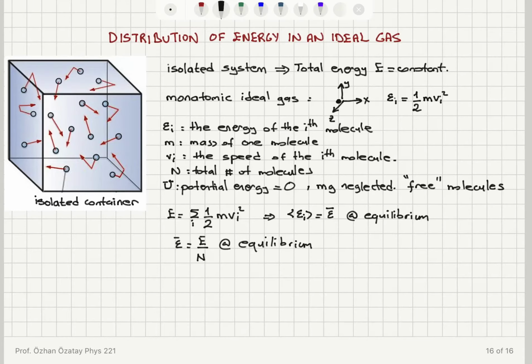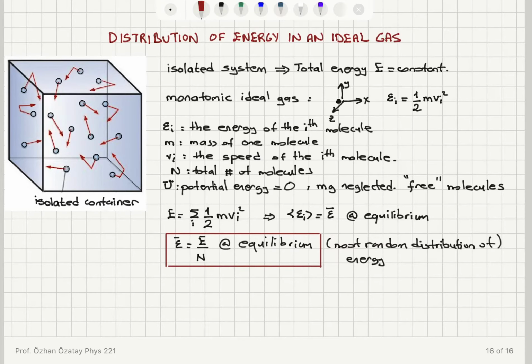Why? Most random distribution of energy. Remember from our previous arguments, we're looking for the most random case at equilibrium, and this is the case when you have the energy distributed equally between molecules at equilibrium.